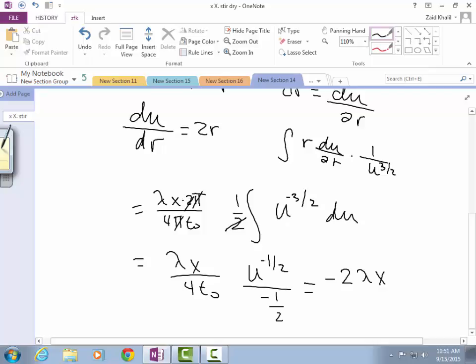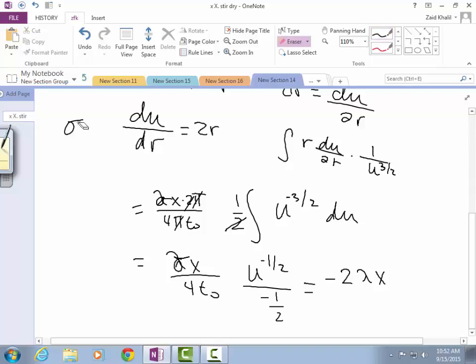Oh, guys, I should probably do something going way back. See where all those lambdas are? Replace it with a sigma. Why? Because it's not a linear charge, it's a surface charge. That's right. So sigma, sigma.